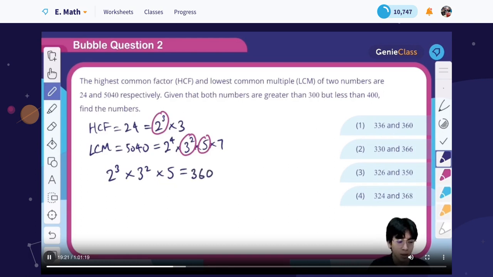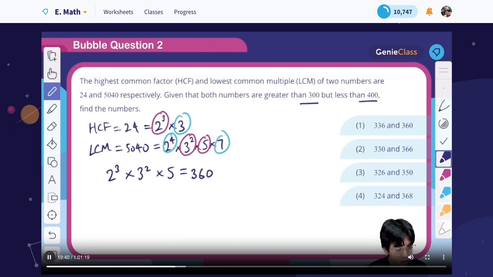As long as you hit this range, you should be pretty safe. You just need to double check with the other number, make sure that it's between 300 and 400. The other number will be this, this, and this.